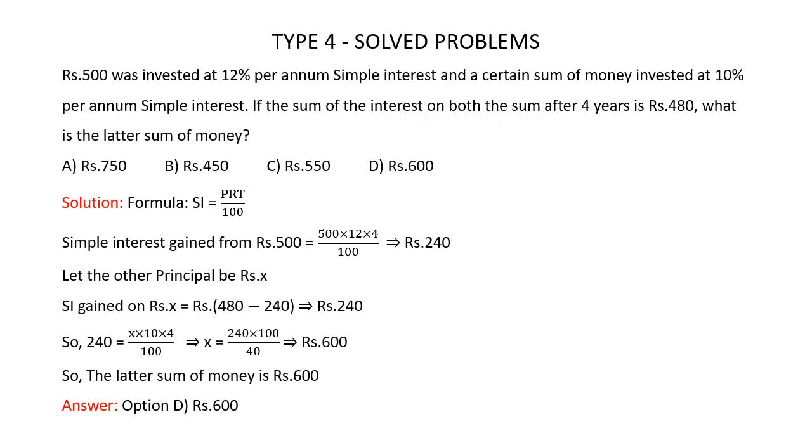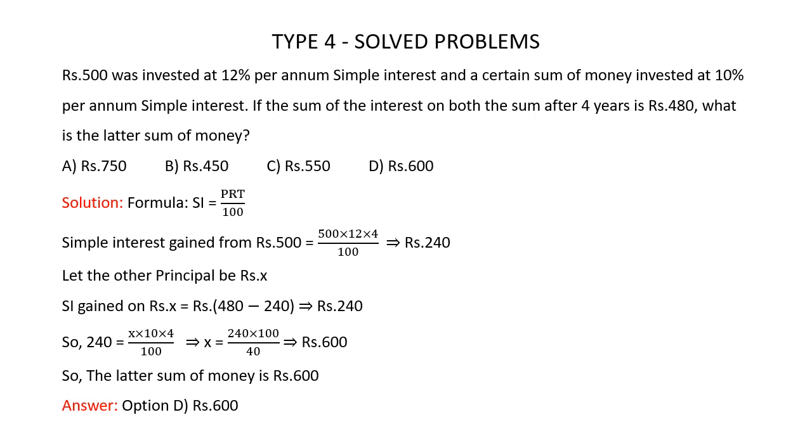Now it's given that rupees 500 was invested at the rate of interest of 12% per annum and a certain sum of money was invested at the rate of interest of 10% per annum. Now here we do not know what is the sum of money invested at 10% per annum simple interest. So let's assume that this sum of money is rupees X. Now here we are asked to find what is the latter sum of money.